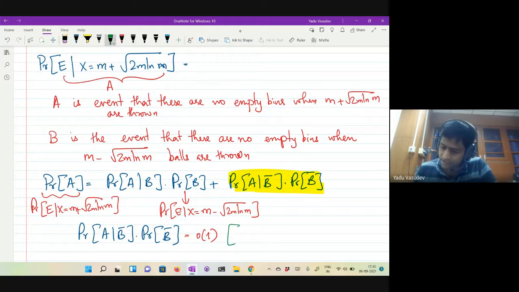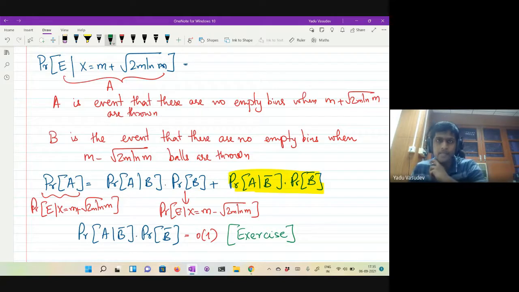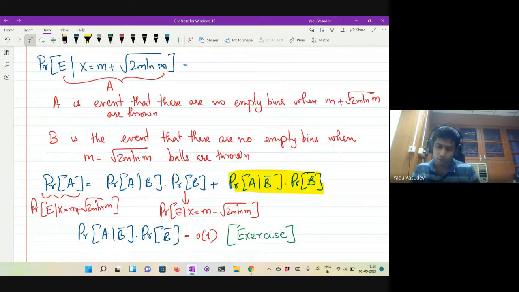So maybe I'll just leave it. It's there in the book anyway, but you can think about it and see how you can show that it is little o of 1. Okay. So what does this show?